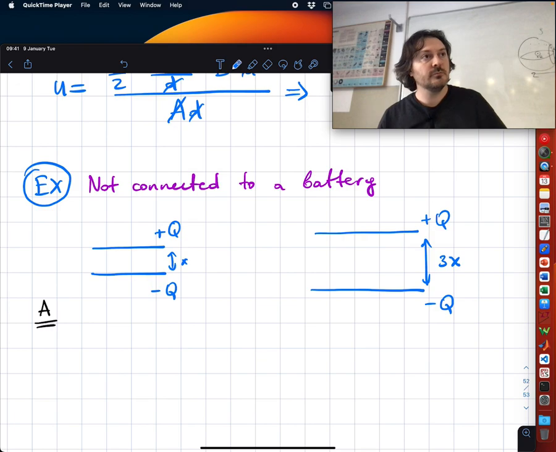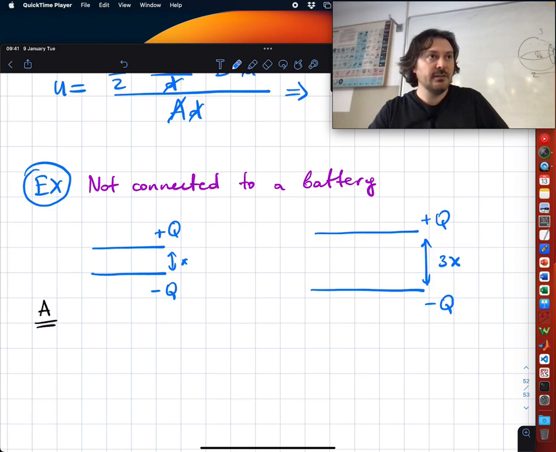If it would have been connected to the battery, then would Q increase or decrease? C is equal to epsilon 0 A over d. So if you increase d, since the voltage remains the same, Q must decrease because C is decreasing.